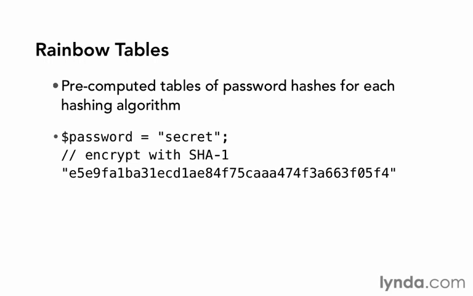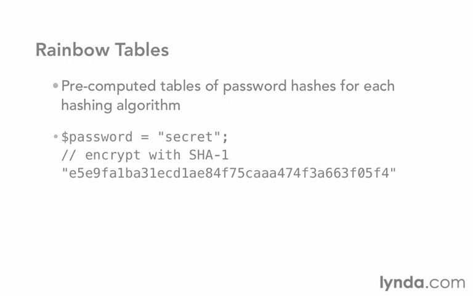Well, if the hacker ahead of time has created these rainbow tables, he will have tried secret, passed it into the SHA-1 hash, and will have gotten the same result. So he'll look at our database and he'll see E5E9FA1, let me look that up in my rainbow tables. That corresponds to secret. And voila, just like that, he can use these pre-computed tables to immediately know what the password is. That's the reason why we use salt.